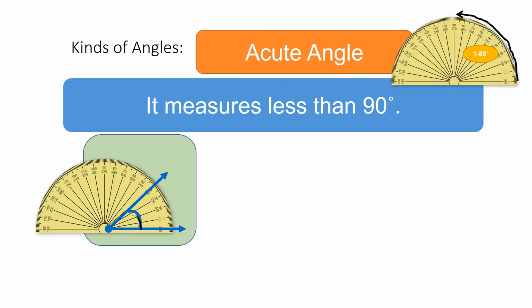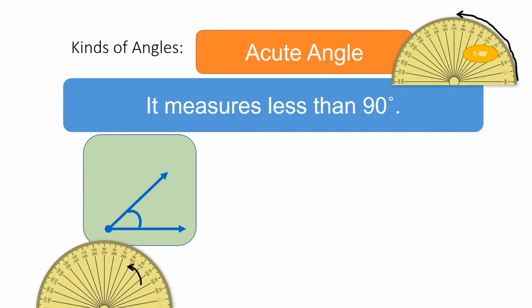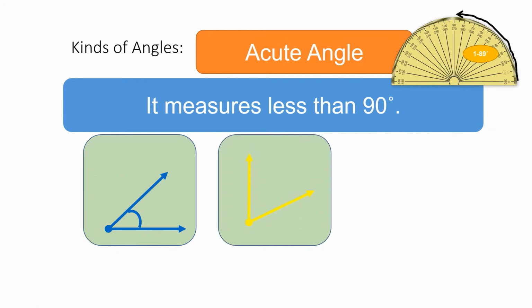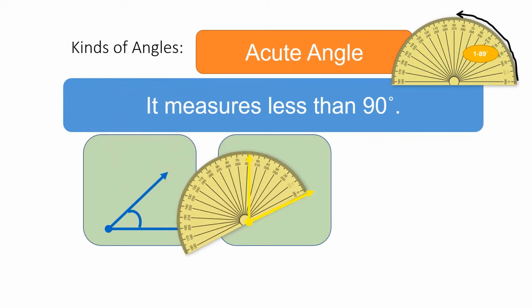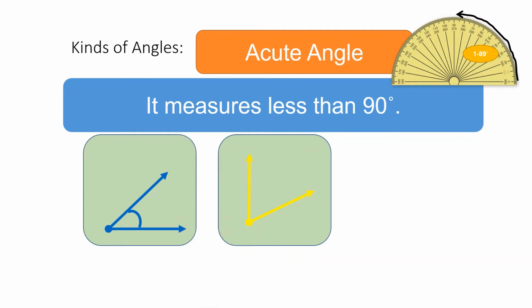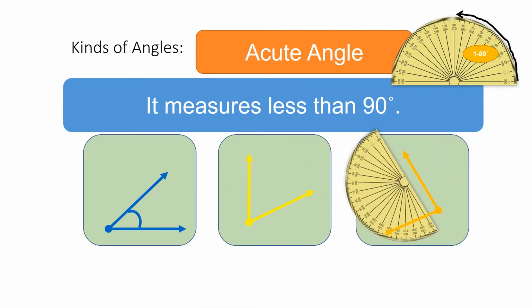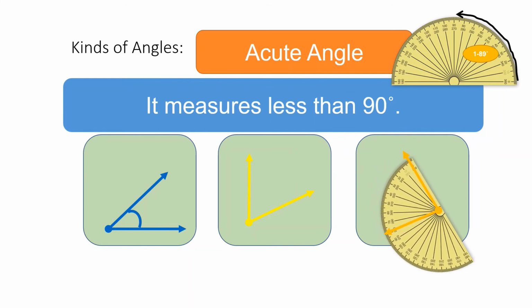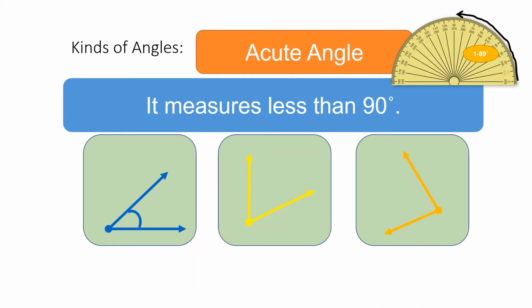This angle measures 40 degrees. The next angle measures 60 degrees. While the last angle measures 80 degrees. So these are examples of acute angle.